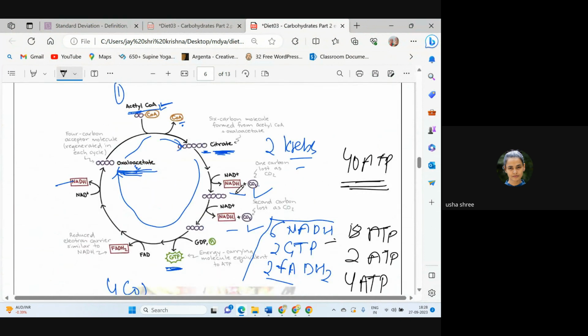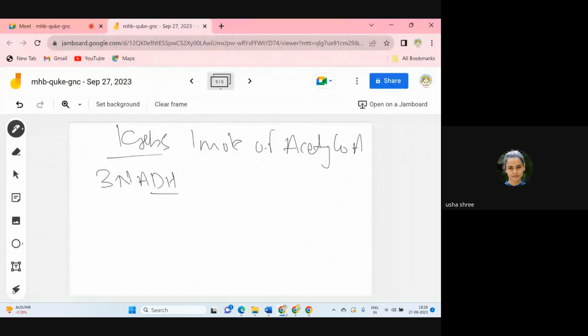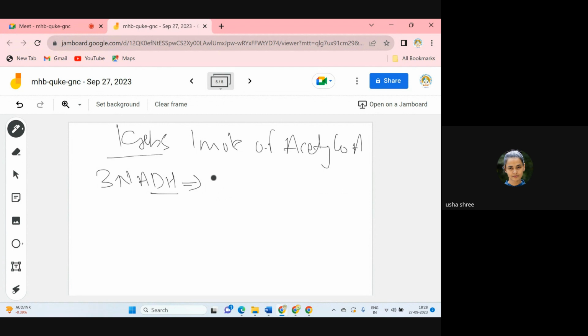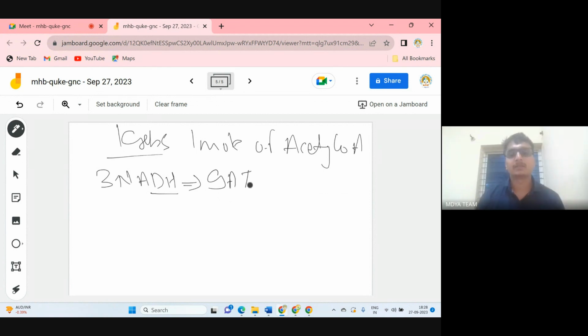So the Krebs cycle produces three NADH molecules. Those three NADH molecules will produce how many ATP? Nine. Yeah, 9 ATP.